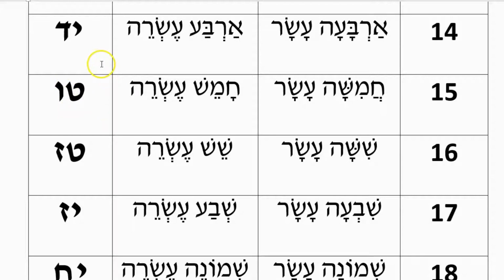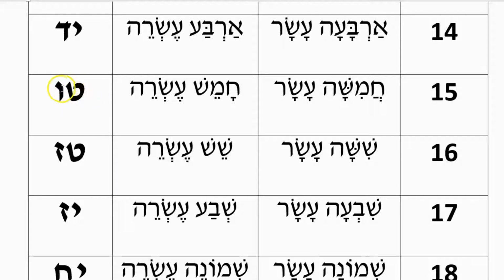Now, I discussed this in my other series, Introduction to Reading Hebrew, but let me tell you what's going on here again. Normally we would follow an order, so Yud Dalet, and then we'd go to Yud and Hey, which would be 15.